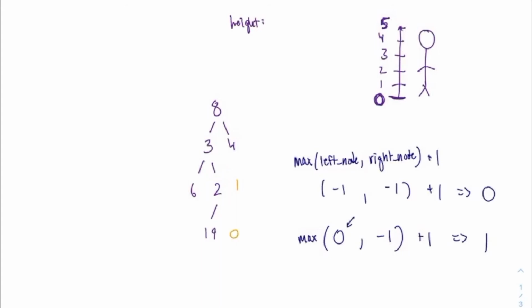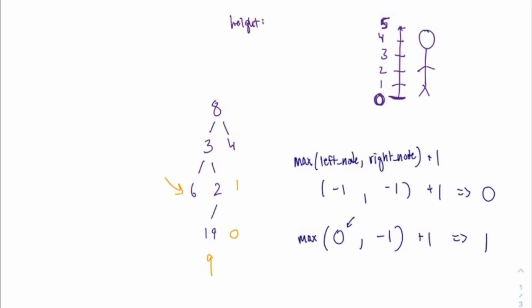Now, what about 6? 6 is a leaf node just like 19 is. So although it might seem like 6 would have a height of 1 since it's in the same area as 2, we have to look at it as a leaf node, so the heights of its children are -1 and -1.